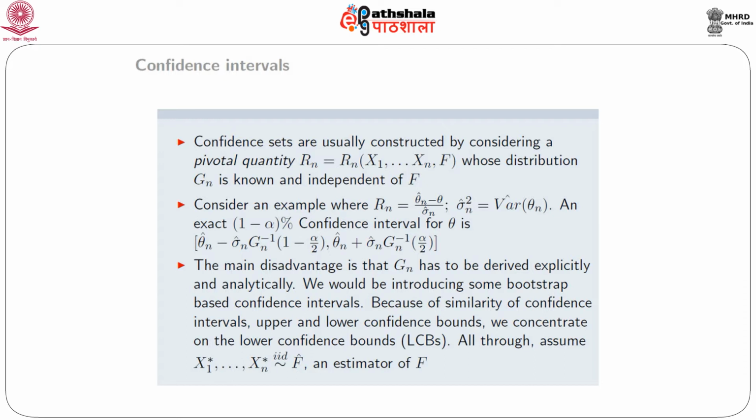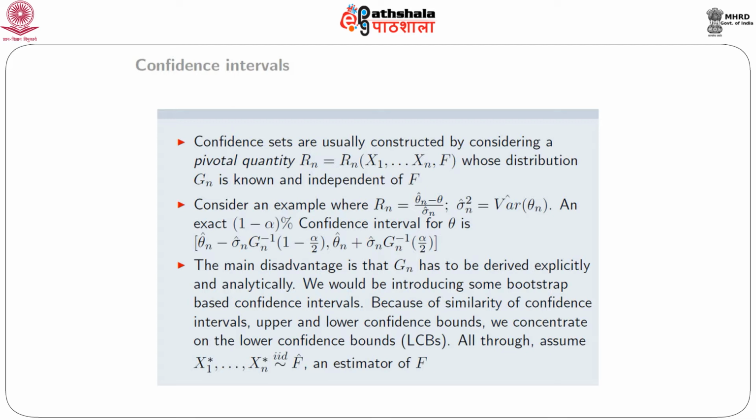So, Rn is based on the samples and F, whose distribution is assumed to be Gn, and Gn is independent of F. Example, if Rn is (theta n hat minus theta) by sigma n hat, where sigma n hat squared is the variance of theta n hat, then the exact 1 minus alpha confidence interval for theta is [theta n hat minus sigma n hat Gn inverse (1 minus alpha by 2), theta n hat minus sigma n hat Gn inverse (alpha by 2)].